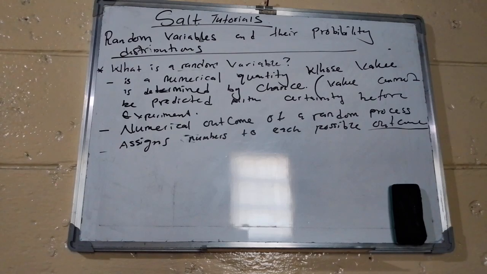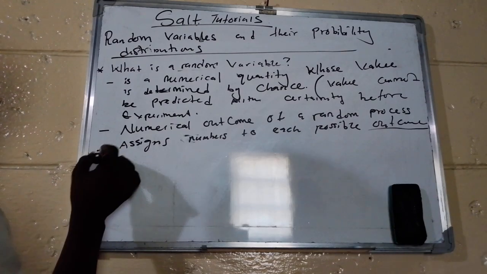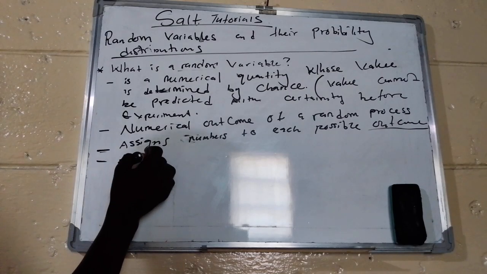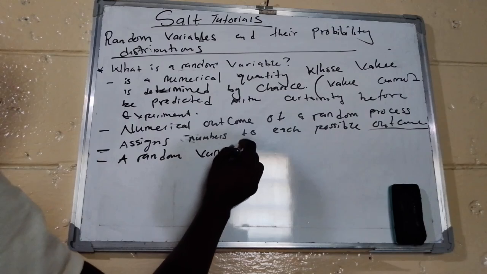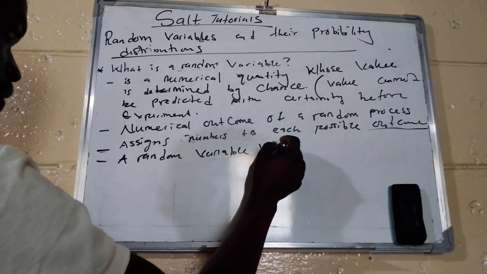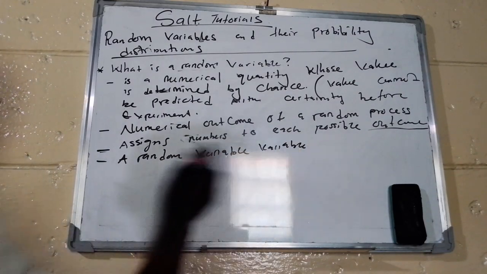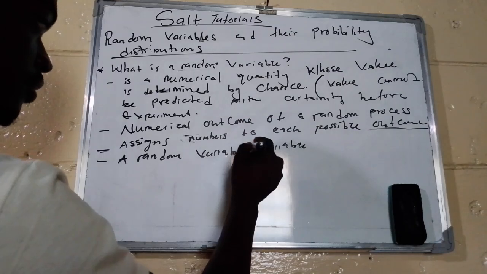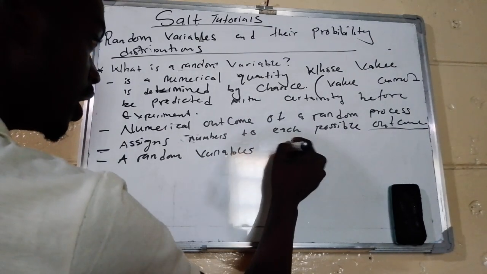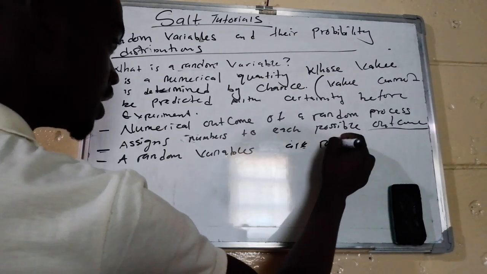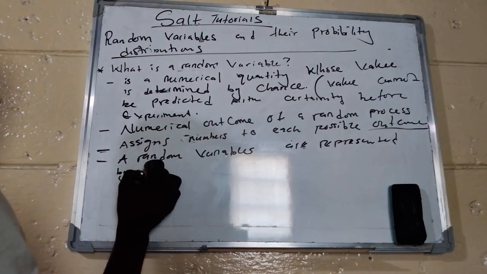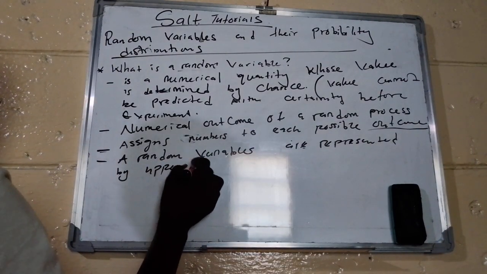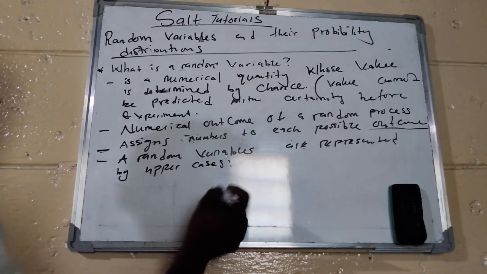So when it comes to random variables, we're saying that random variables are represented by uppercase letters. By uppercase, I mean capital letters.